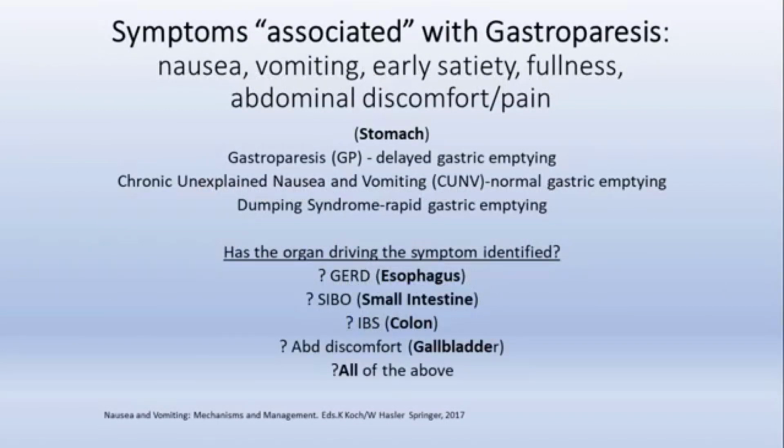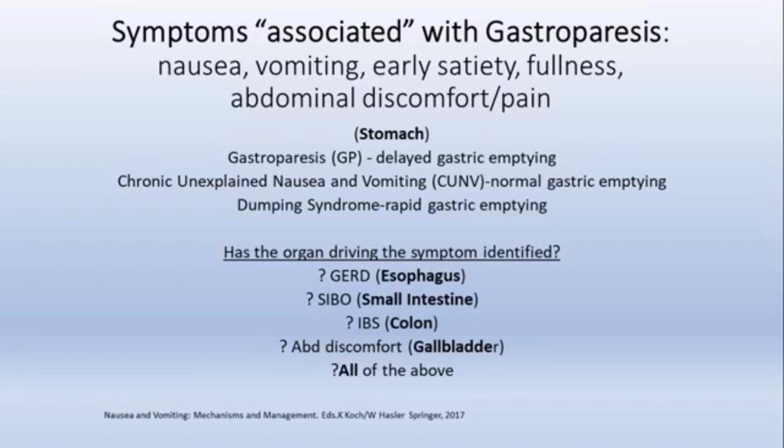So I'd like to think about symptoms associated with gastroparesis, and you all know these symptoms: nausea, vomiting, early satiety or fullness, abdominal discomfort, and pain. We like to attribute those symptoms to the stomach, but it's kind of dangerous to do that because those are nonspecific symptoms. But in terms of the stomach, we do attribute them if you have delayed gastric emptying.